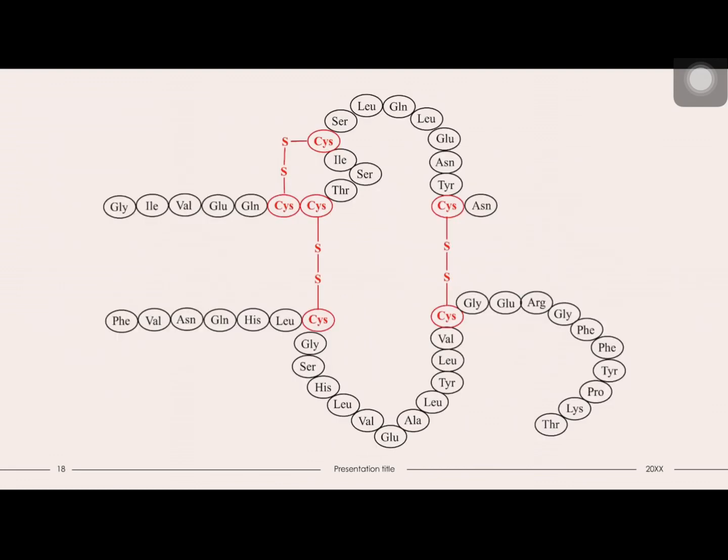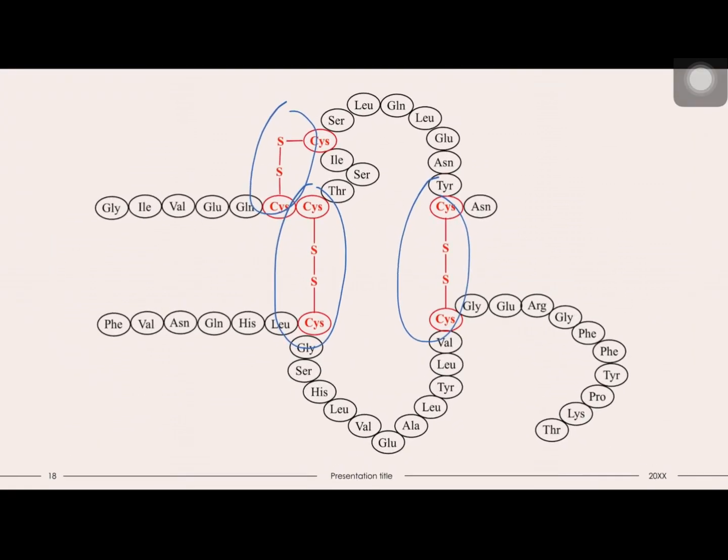Also, disulfide bridges between cysteine units can form, like this one right here. This is our disulfide bridges between cysteine units.